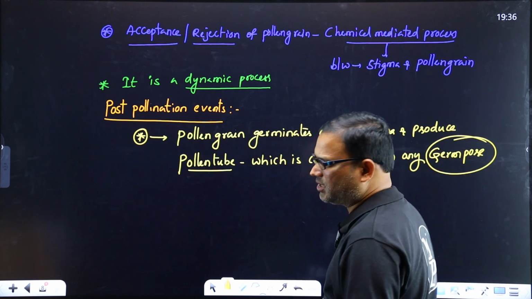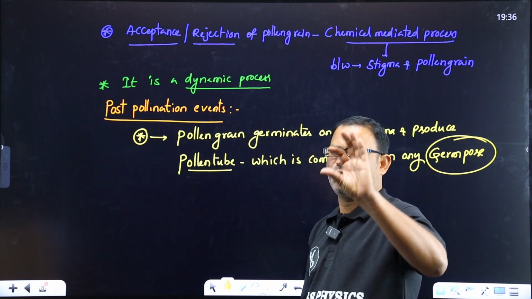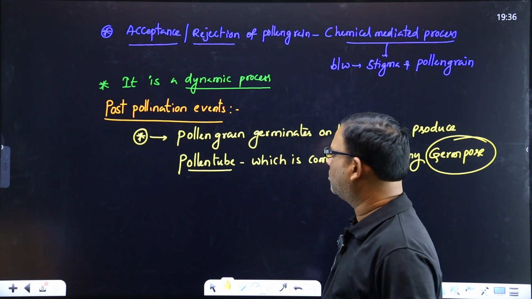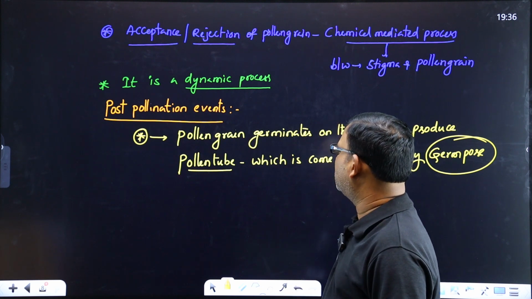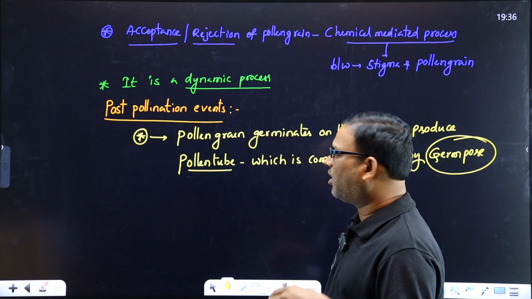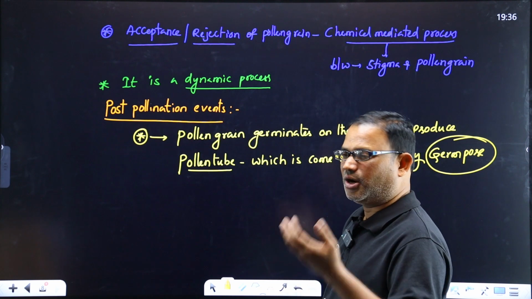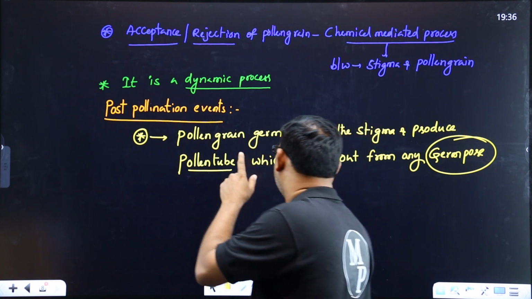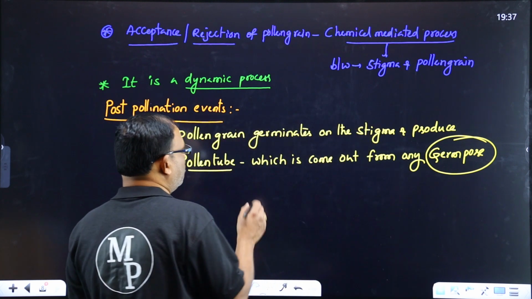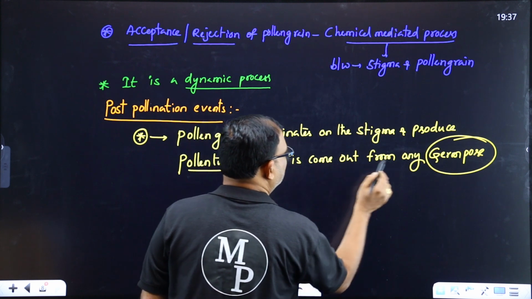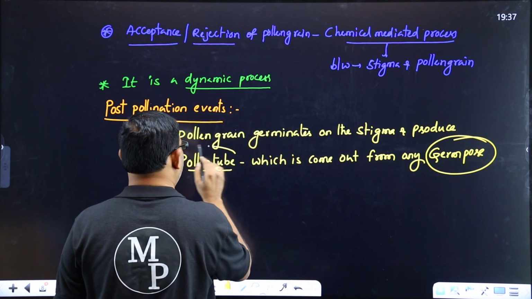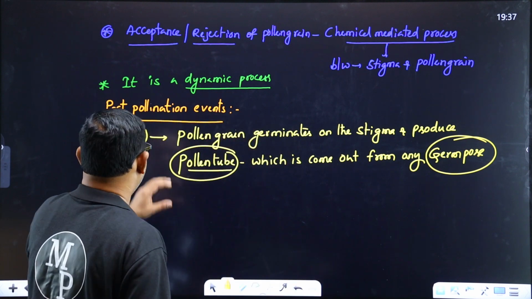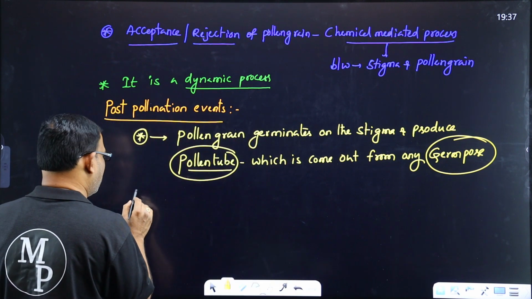They are exine apertures, where the sporopollenin is absent. These areas are called germpores. Through the germpores, the intine of the pollen grain produces a long tube-like structure, that is called the pollen tube. Very very important. Through one of the germpores this pollen tube is produced. This is one of the post pollination events.